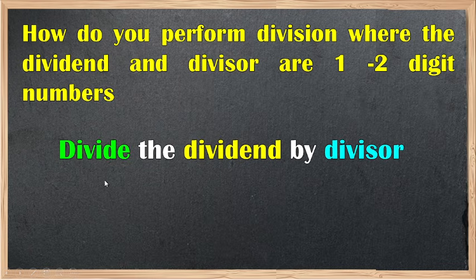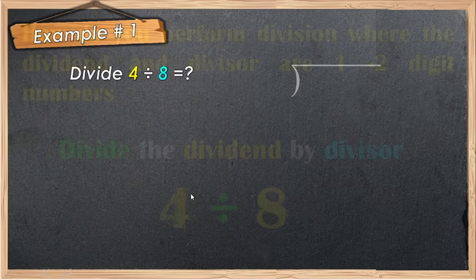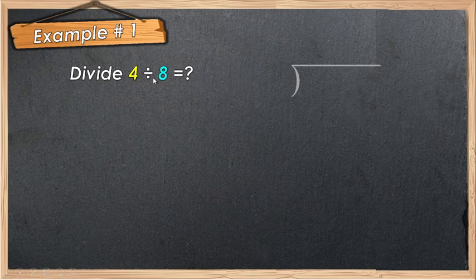You're going to divide the dividend by the divisor. For example, we have 4 divided by 8. How can we divide 4 by 8? The dividend here is the digit 4 and the divisor is the digit 8. Now let's divide. As you can see, we have the long division bar.